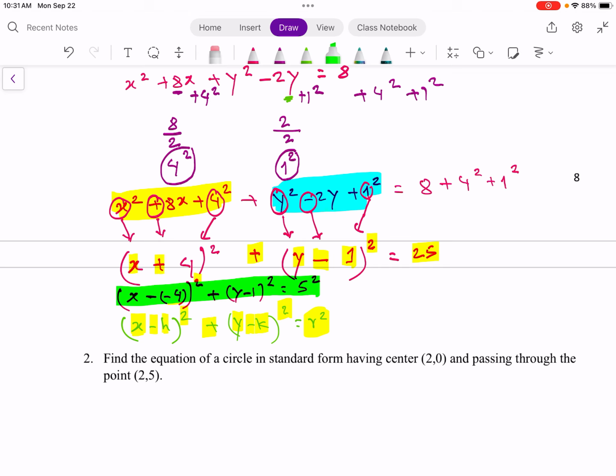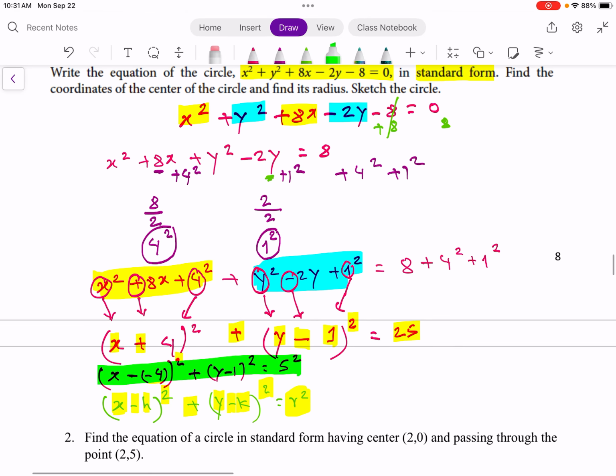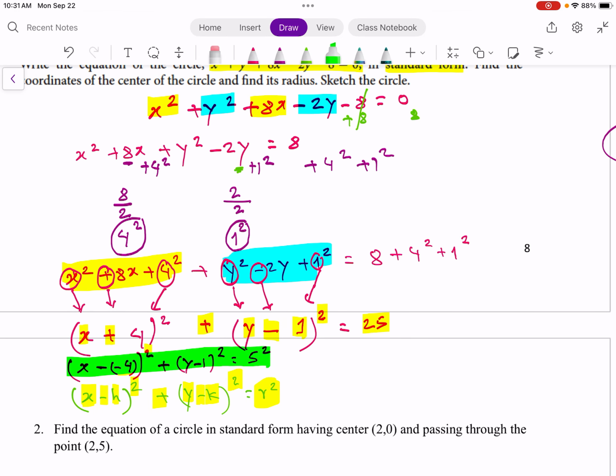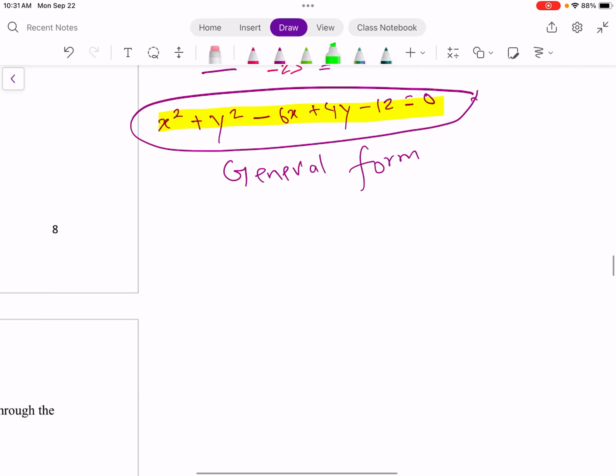Okay, any question? Okay, let's do one more. Very similar. Let me take an example from our textbook. This is 51 from your textbook, exercise 2.2.